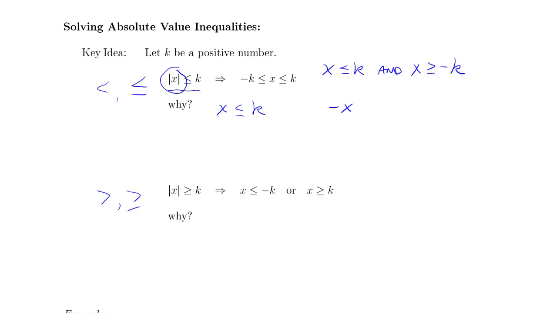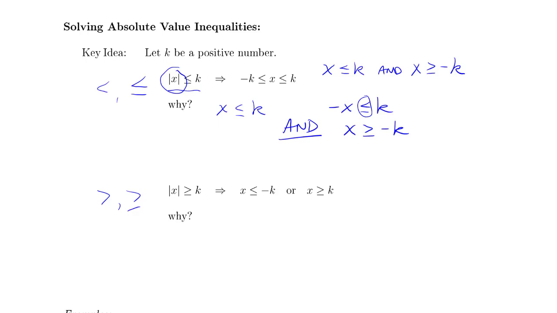If you have it as negative x, then if you wanted to say that was less than or equal to k, you'd have to divide the negative over, which would mean you would flip the sign, and that's what you would get. Now we're going to think of this as our and case, because I need both of these to be true for something to be a solution.